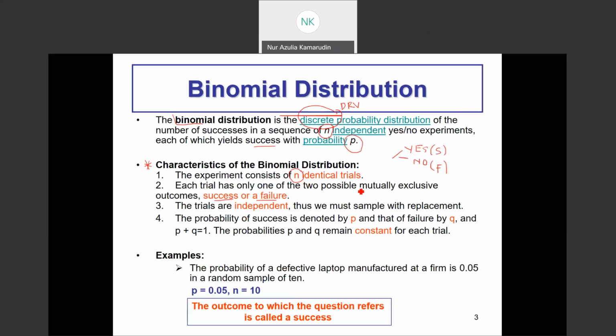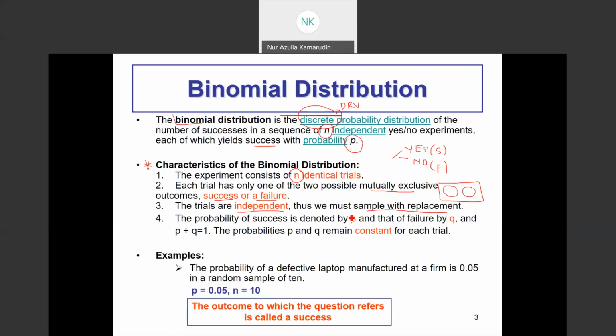Okay, so of course these two are mutually exclusive events or mutually exclusive outcomes, alright? So if you still remember your Venn diagram, okay, if one is success, of course another is failure. You don't have in between. And of course the trials are independent. You're talking about sampling with replacement. So you take one out, and then you replace it back into your experiment.